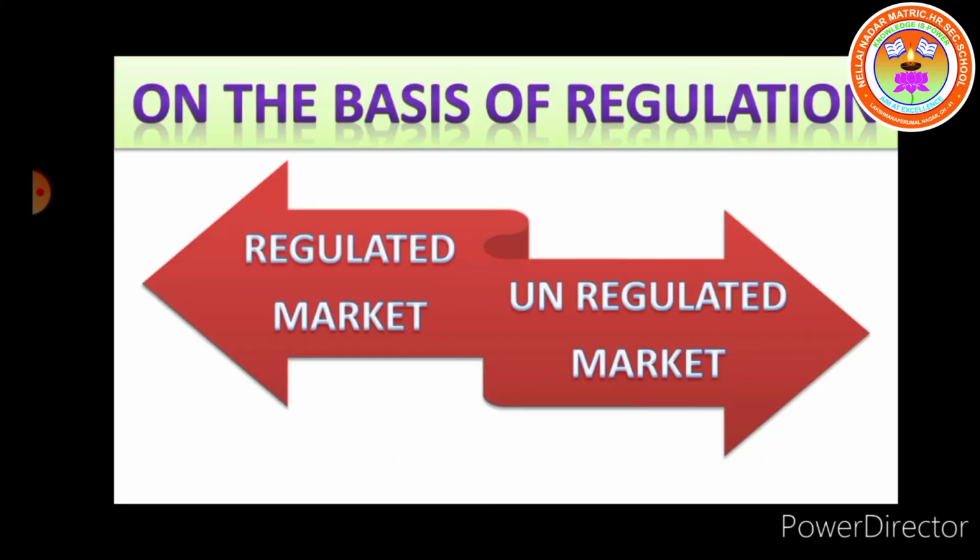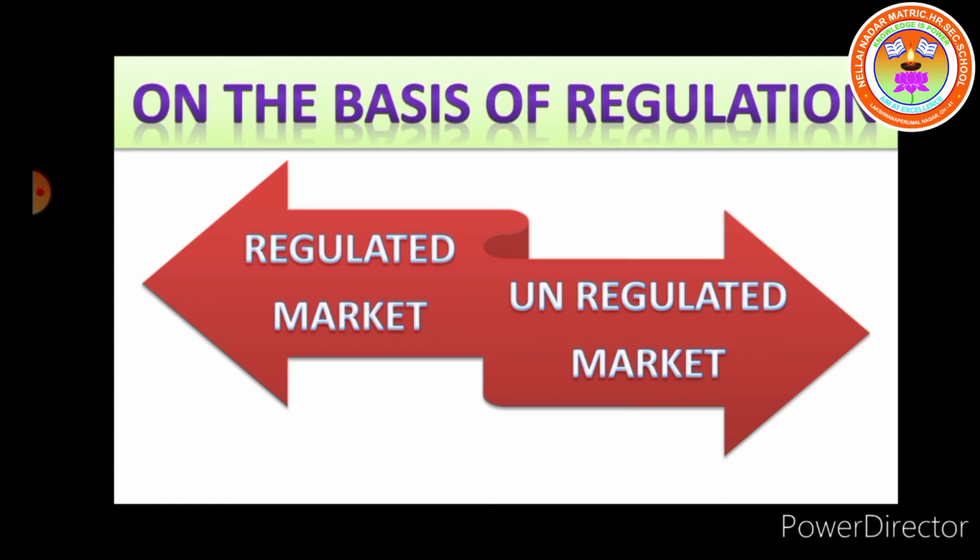Next one, on the basis of regulation. On the basis of regulation, market is classified into two types, regulated market and unregulated market. Regulated market means there is some oversight by appropriate government authorities. This is to ensure there are no unfair trade practices in the market.